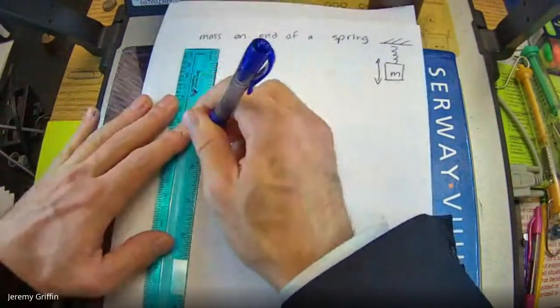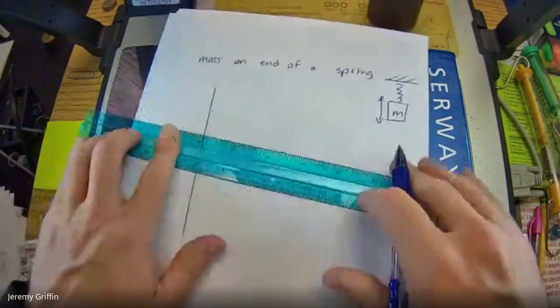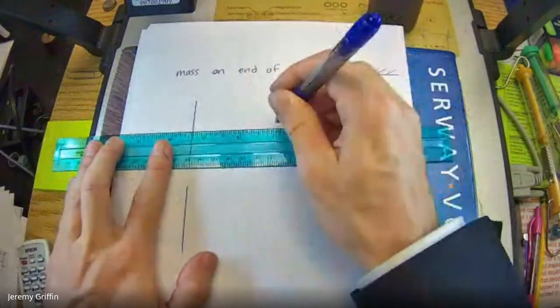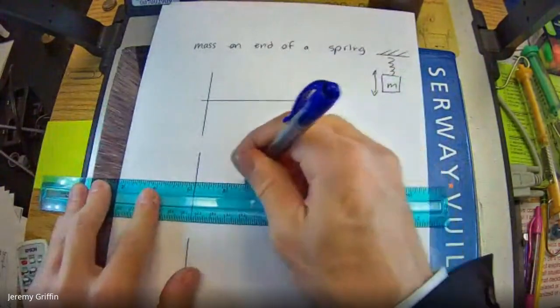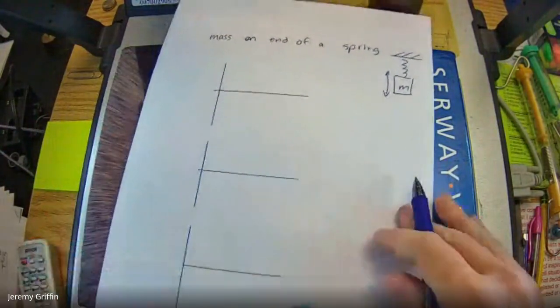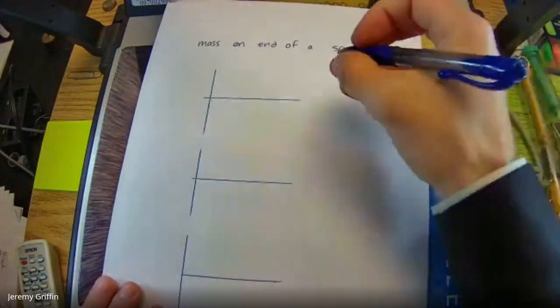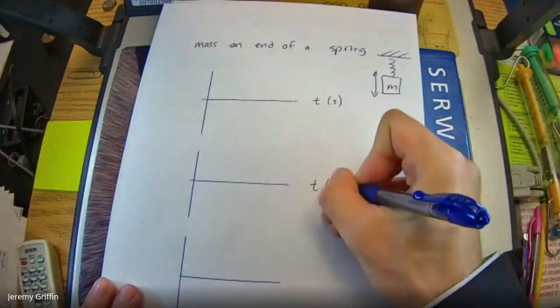So you guys remember tossing balls off cliffs, and we made these 3 graphs of distance versus time, velocity versus time, acceleration versus time? That's exactly the same 3 graphs we're making here. Well, of course, they're going to look completely different, but same sets of axes. So I'm going to put time in seconds on each one of these.